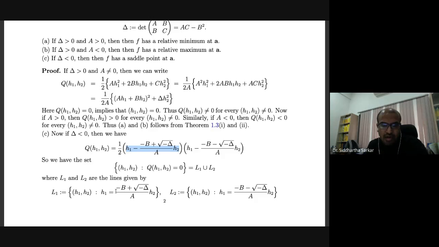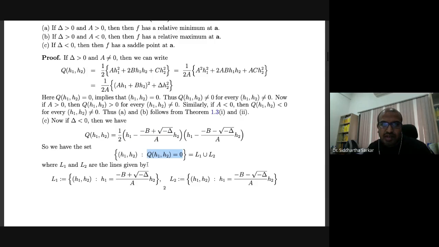However, it is one of the properties, which can easily be checked, that if you have a line passing through the origin, then the value of this particular line itself, if I look at it as a function, let's say h1 minus this factor times h2, is a function.